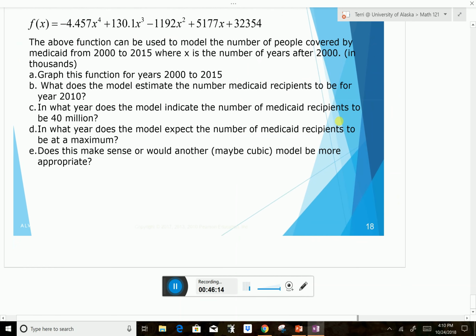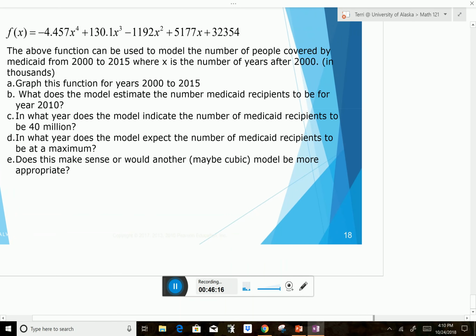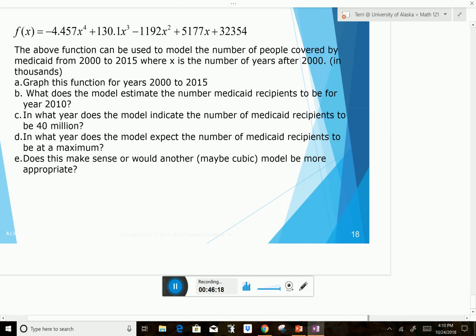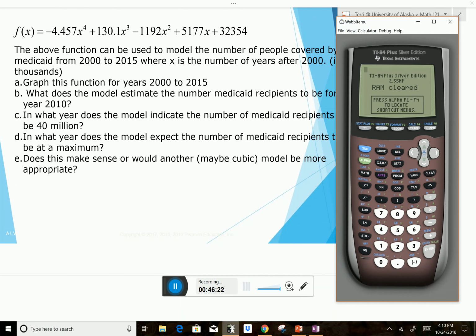Okay, so the above function can be used to model the number of people covered by Medicaid from 2000 to 2015. So let's write this in here. Negative 4.457, and there are no shortcuts for this, x to the 4th. And I have to just hit the side key.